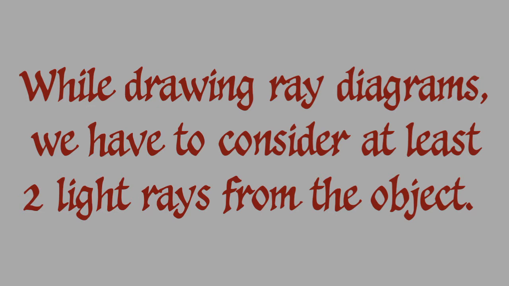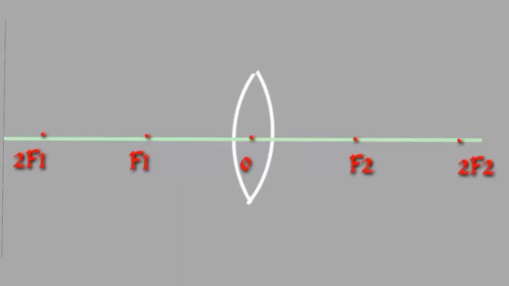Okay, first we can consider a convex lens. For a convex lens, we already know the center point, that is the optic center, and on either side of this convex lens, 2 principal foci, F1 and F2. Then instead of centers of curvature, we are representing 2F1 and 2F2.